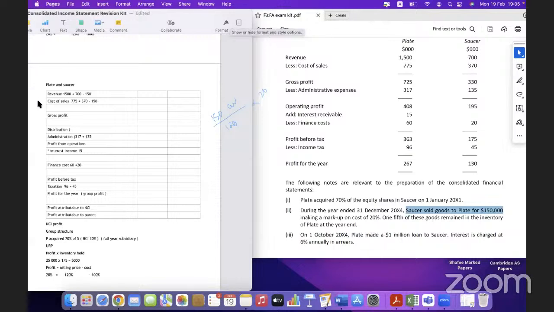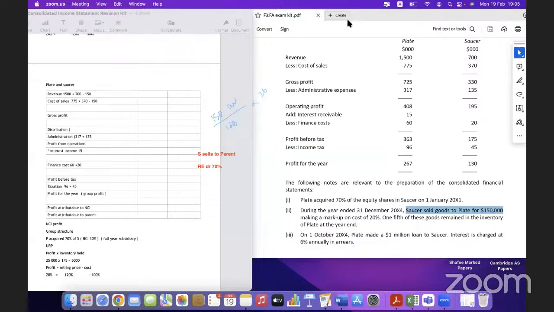Right. Now, guys, let's move on to the next area. Now, the double entry. Okay. Now, guys, listen. If the subsidiary sells to the parent, the double entry will be retained earnings debit 70%. Why 70%? Because retained earnings is the parent's. Parent is 70%.